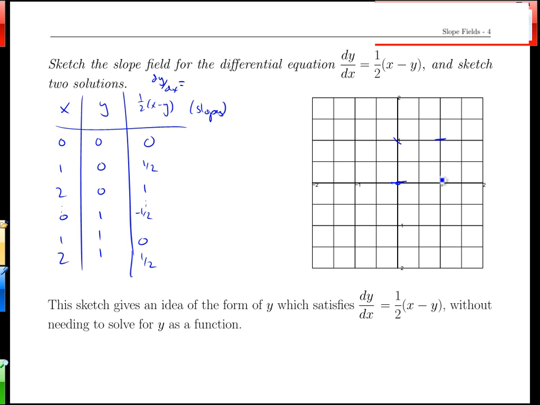We have 0, then here is a half, then here is 1. Here is -1/2. Here is -1. And a half here. -1. -3/2. So we can start building up these slope lines.